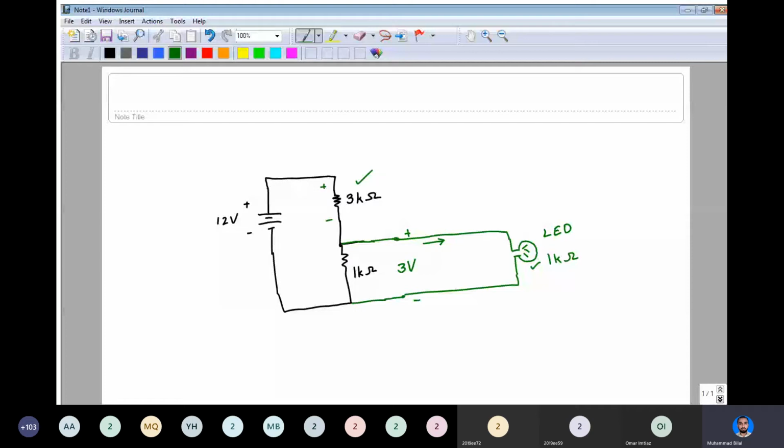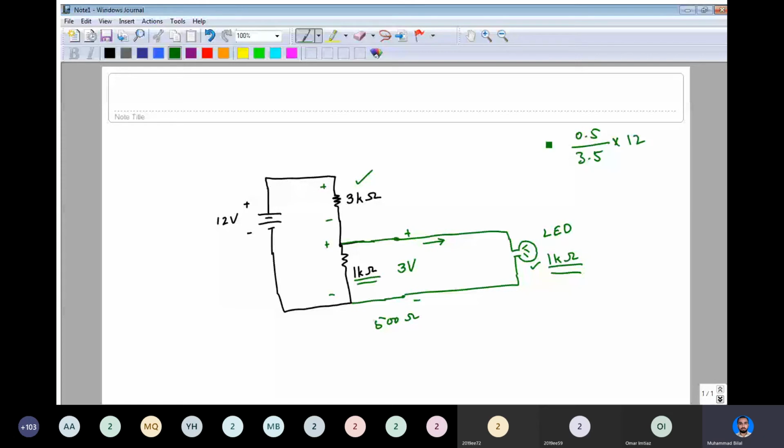Another way to explain: this 1 kilo ohm resistance in parallel with this 1 kilo ohm resistance will make a total of 500 ohm. Now if I divide this voltage again between these 2 points and here between these 2 points, this voltage will be 0.5 divided by 3.5 into 12. 3.5 is the total, 3 plus this.